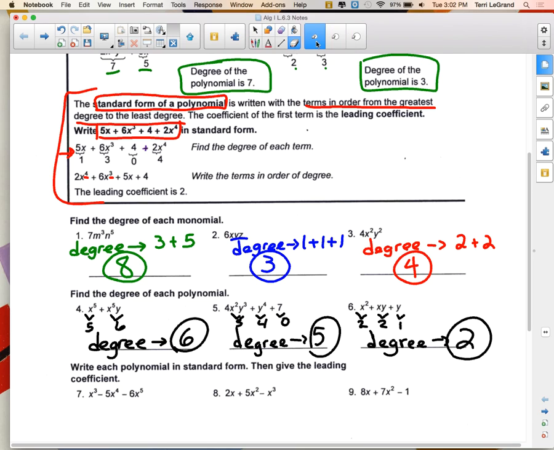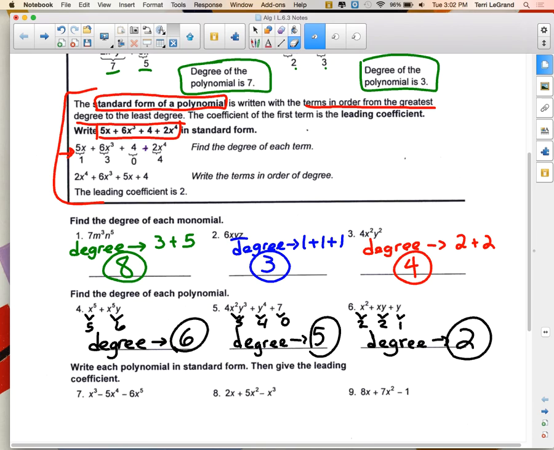Now that it is in standard form, there's another really important thing they want to make sure you understand how to do, and that's determine the leading coefficient, because the leading coefficient of a polynomial often plays an important role. We don't have to talk about that role today, we just have to know how to find it. The leading coefficient means what is the first monomial's constant part?